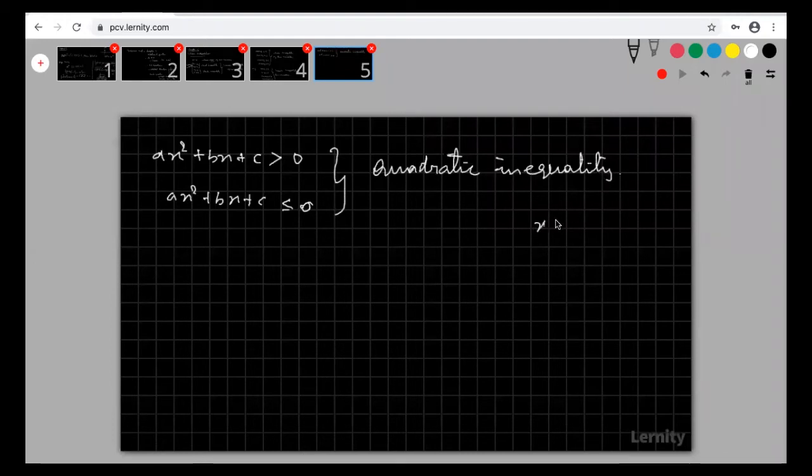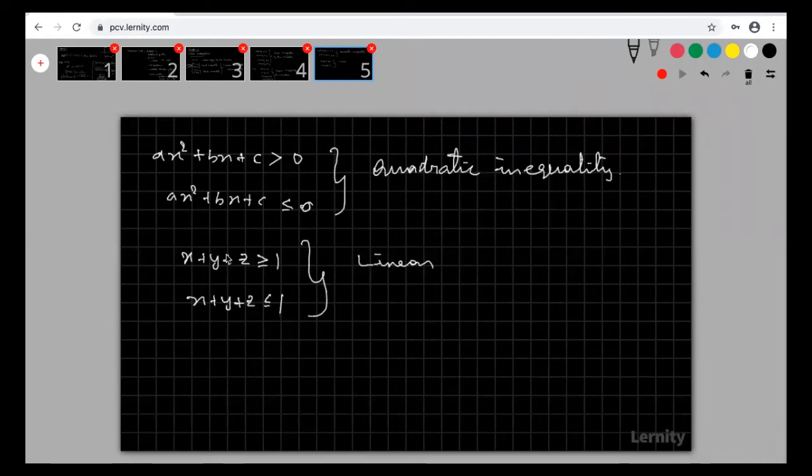Look at that. Suppose I am taking x plus y plus z is less than or equal to 1. How many variables are there? There are three variables, x, y, z. This is a linear inequality of three variables. Take this also: x plus y plus z greater than or equal to 1, or x plus y plus z less than or equal to 1. These are linear inequalities. Look at the degree.